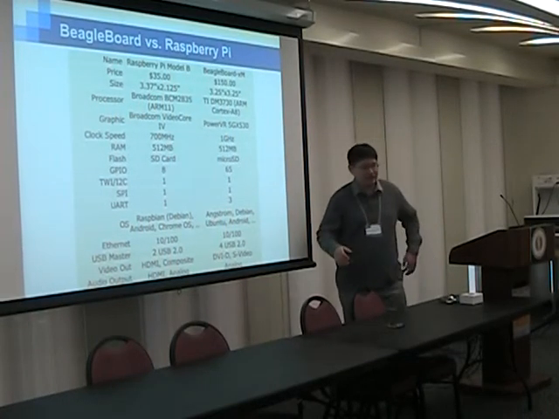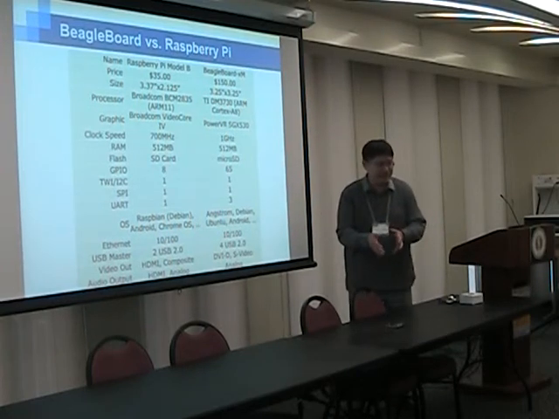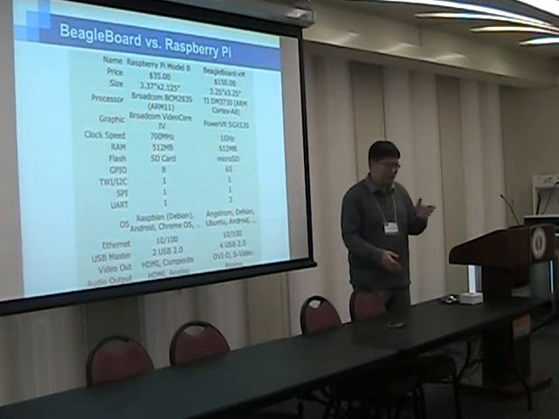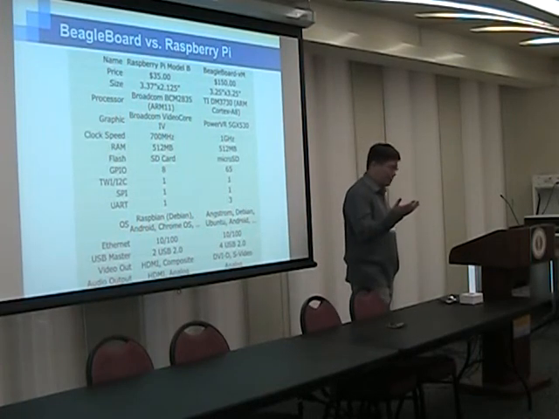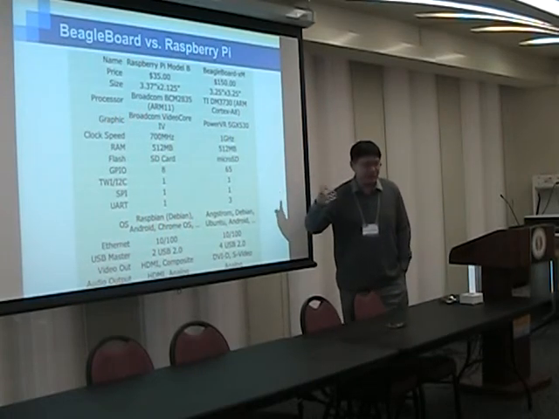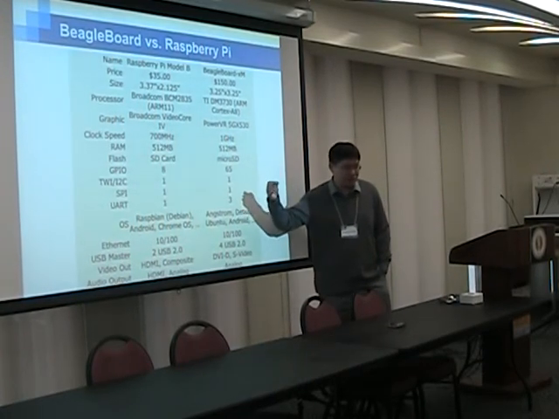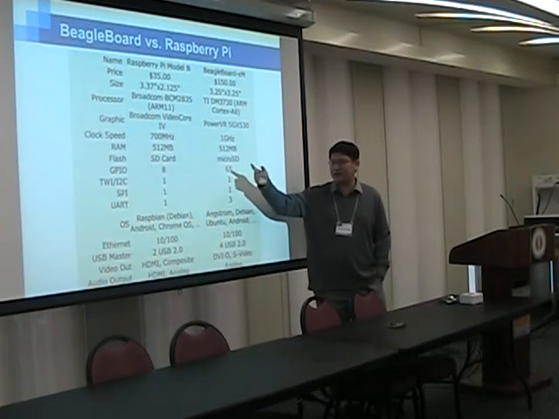So if you're considering doing something cool with an embedded system and want to pick either Beagleboard or Raspberry Pi, I would say the best way is to try it yourself and see which community you really like and what kind of applications you want to work on that are available. That is more important than the hardware difference.